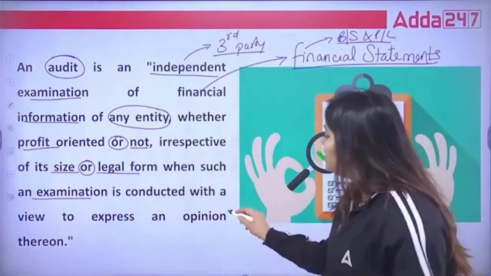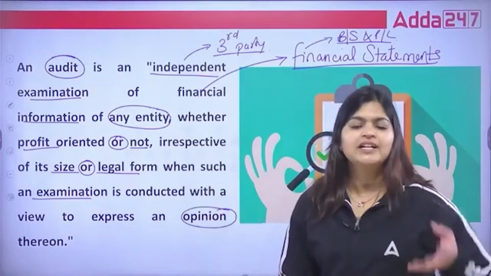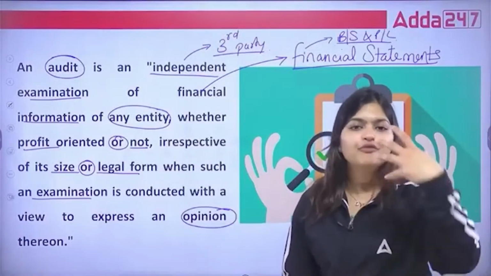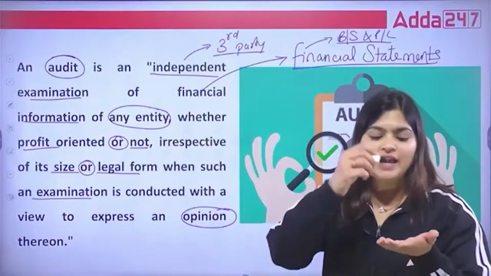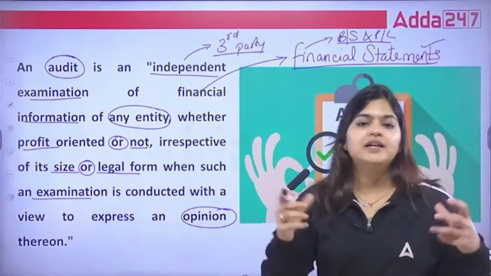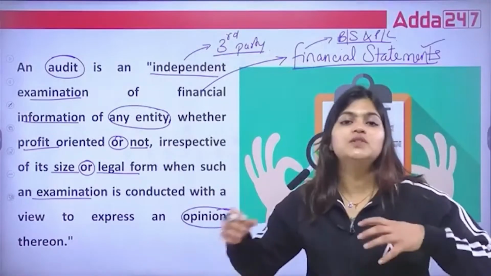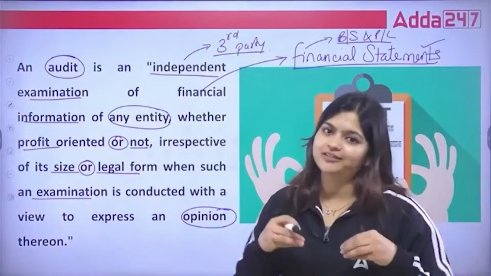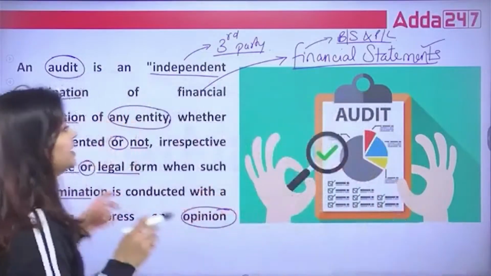So that opinion we need to give. After checking the financials of your bank, as an auditor, we are going to give the opinion on whether everything you have represented in your financial statements is true or not. That is the opinion we give as an auditor. So this is what audit means.